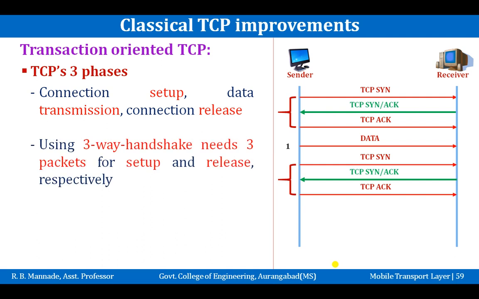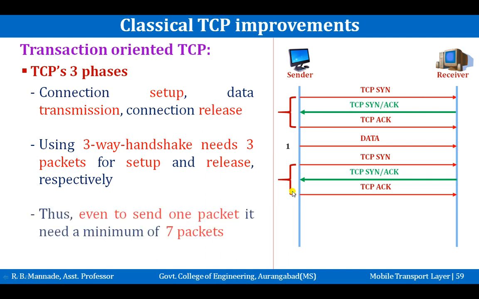But in this three-phase TCP connection, a three-way handshake is required, and it needs three packets for setup and three for release respectively. So here it requires three packets and here also three packets, so 3 becomes 6.